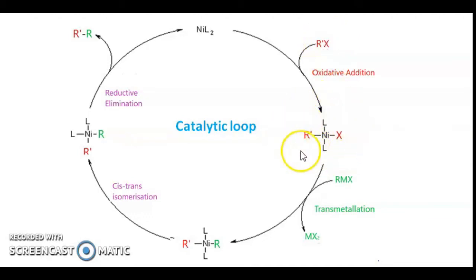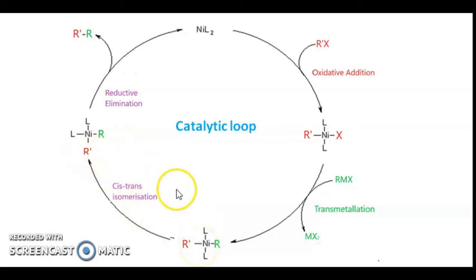So you can see here a sort of insertion, oxidative addition, and the oxidation state of the palladium or the nickel catalyst is changed from 0 to plus 2. Then is the transmetallation step, wherein the organic group from the organometal compound is transferred to the palladium or the nickel, so from one metal to the other metal.